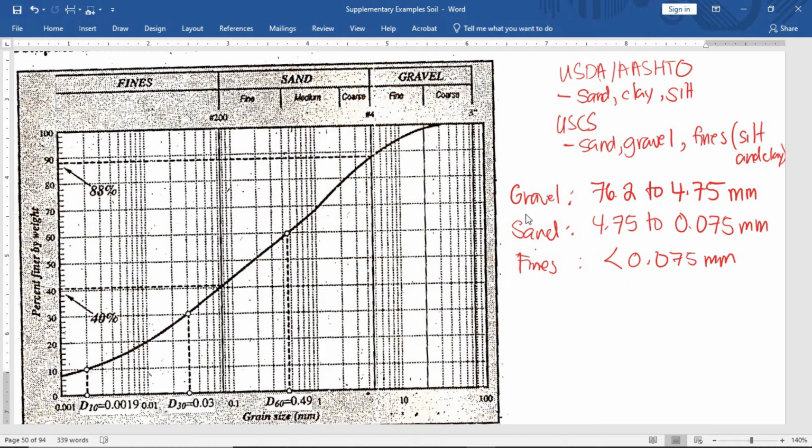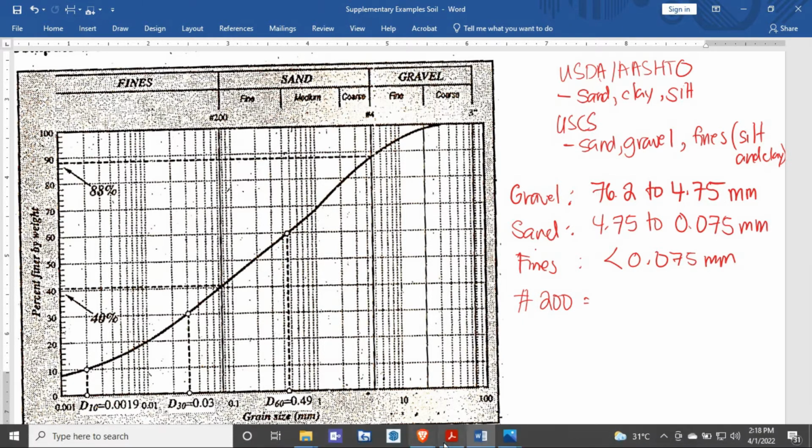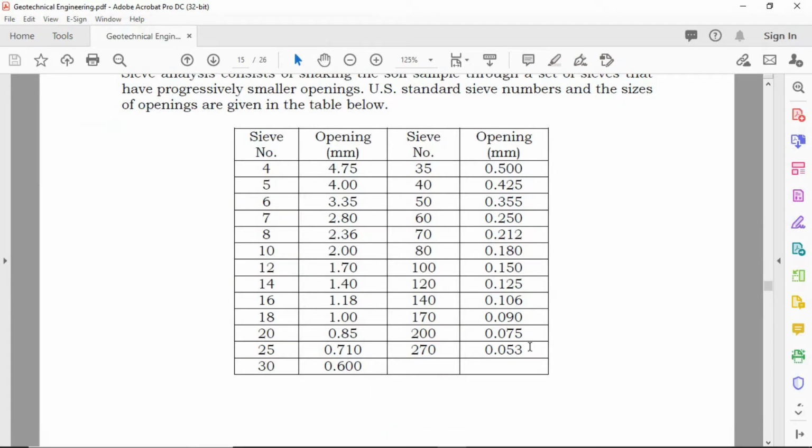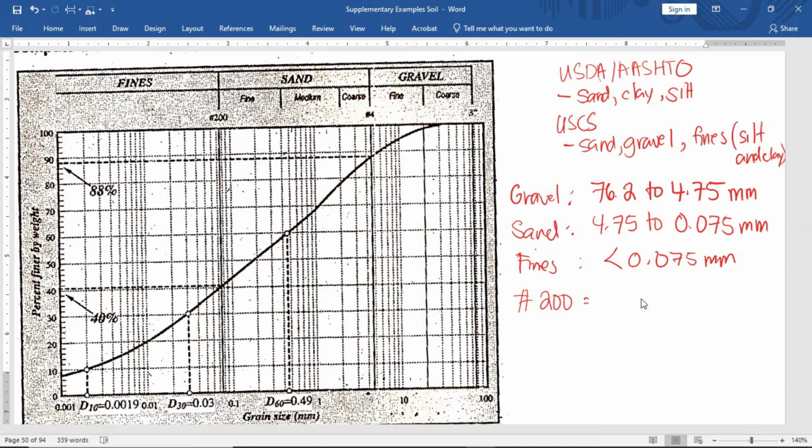So, tingnan natin yung sa curve natin, yung sa grain size curve natin. Alam natin na ang number 200 sieve is 0.075 mm.